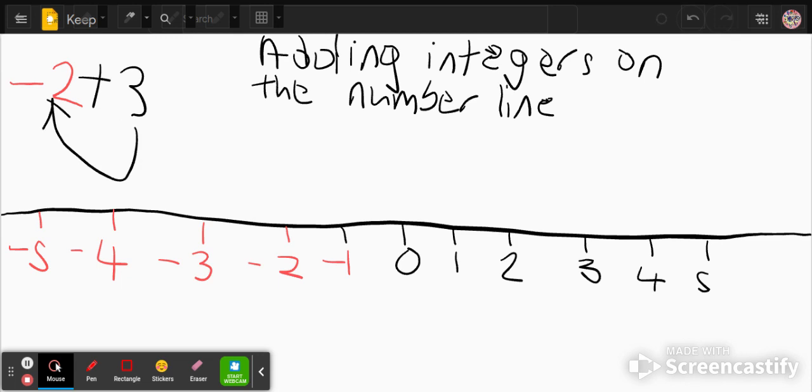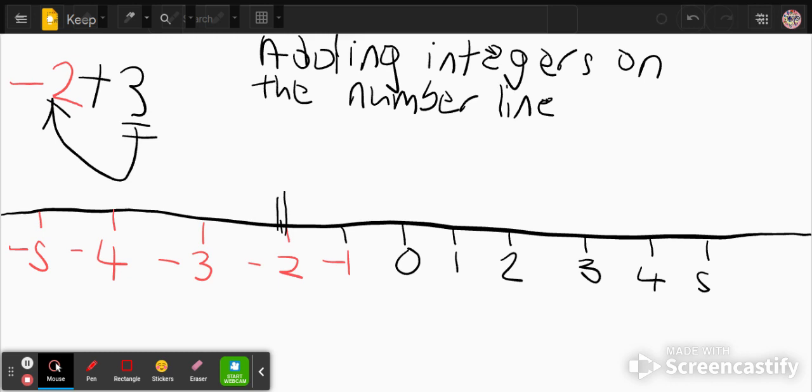So our starting point would be negative 2, right? It's always the number on the left, right? So negative 2 is our starting point, and positive 3 is being added to it. So now we're going to start at negative 2 and move 3 spaces to the right, right? So the number on the right also tells you how many spaces to move to the right.